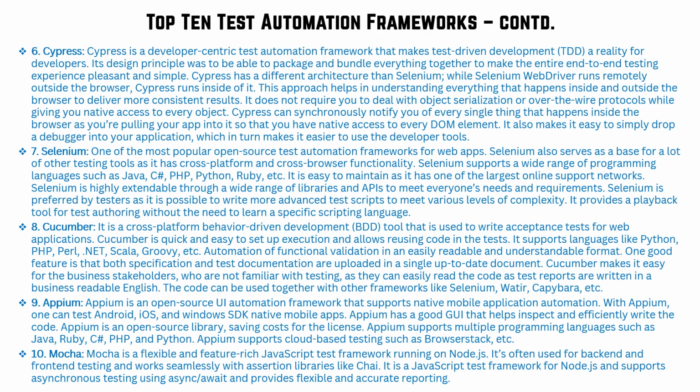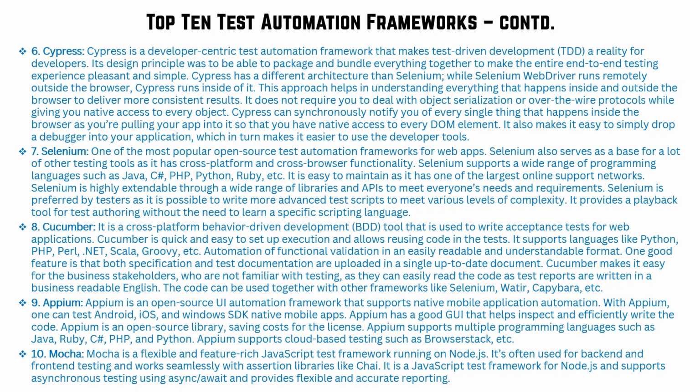Appium has a good GUI that helps inspect and efficiently write the code. Appium is an open source library, saving license cost. Appium supports multiple programming languages like Ruby, C Sharp, Python, Java, PHP, etc. Appium supports cloud-based testing such as BrowserStack, etc.